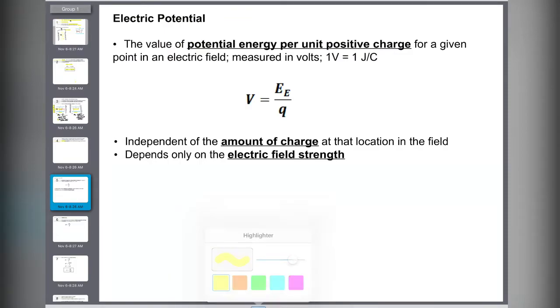Next concept, electrical potential. Electrical potential is V, and basically what it means is the amount of stored energy, the value of potential energy per charge. So the equation is EE over Q. And the unit for a volt from this equation is joules per coulomb.